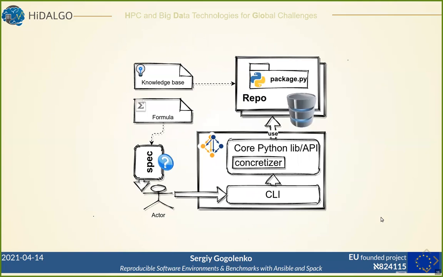So the typical workflow for the users: users prepare specs or environments based on specs. Then they call the command line interface, which communicates with the core Python library of Spack, and this core Python library uses a repository of package.py scripts to respond to the user's requests.